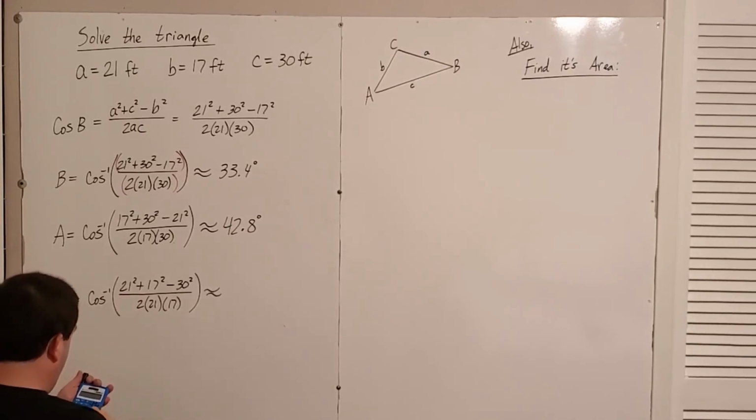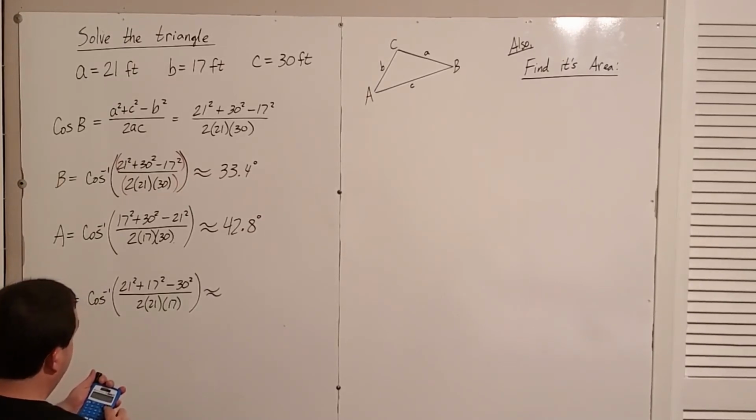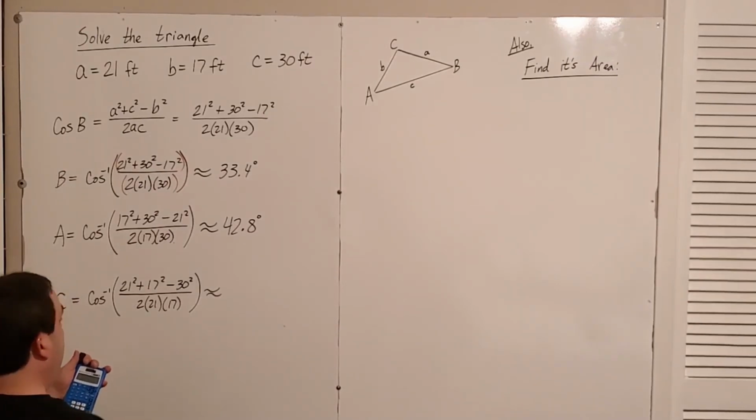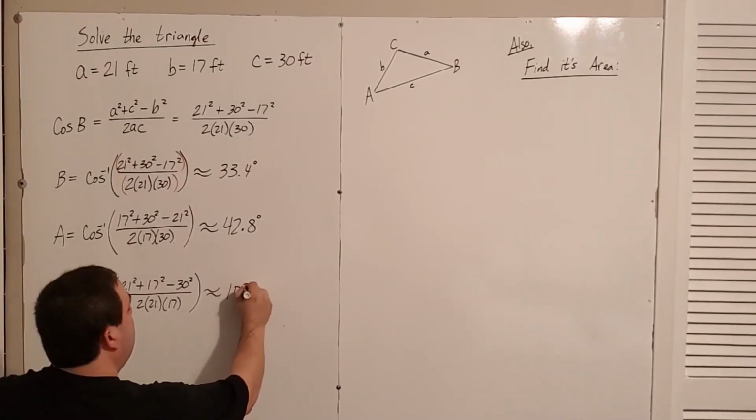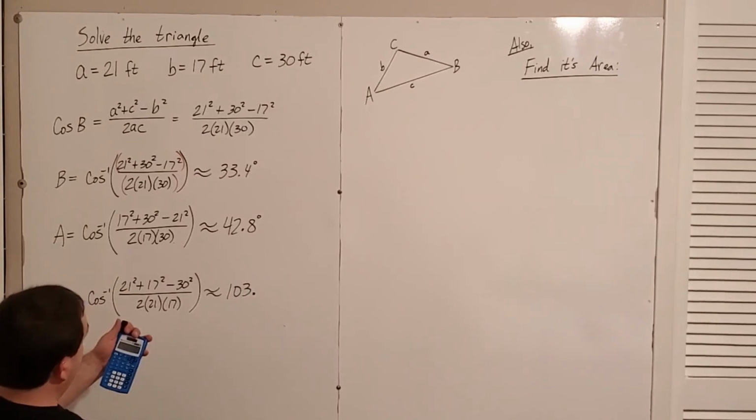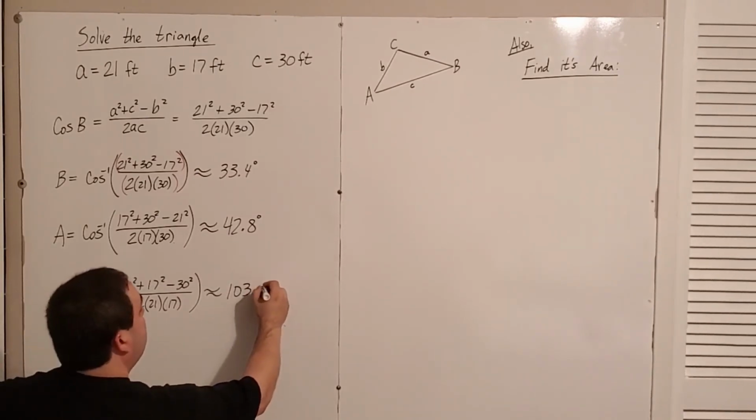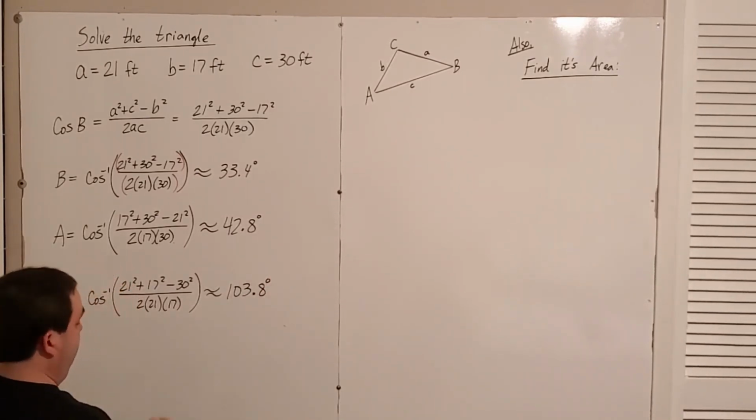I've got the 21 and the 17 minus 30 there. And then divide by 2 times 21 times 17. I'm getting 103.77, so we'll say 103.8 degrees.